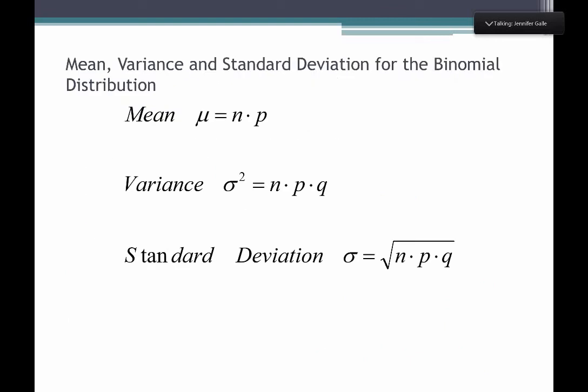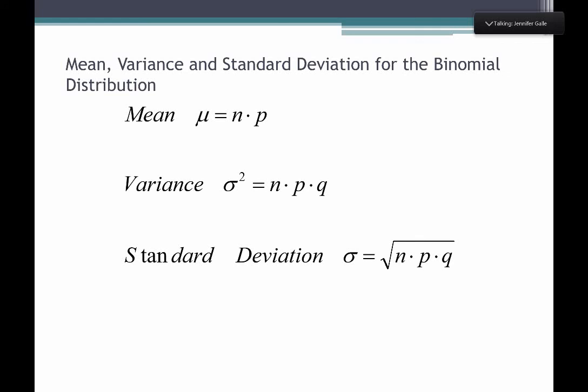To find the mean, we just take n times p. That's it. I know we're used to those variance and mean formulas being super complicated, with a bunch of multiplying and adding and squaring that we've seen the last couple times with means, variances, and standard deviations.